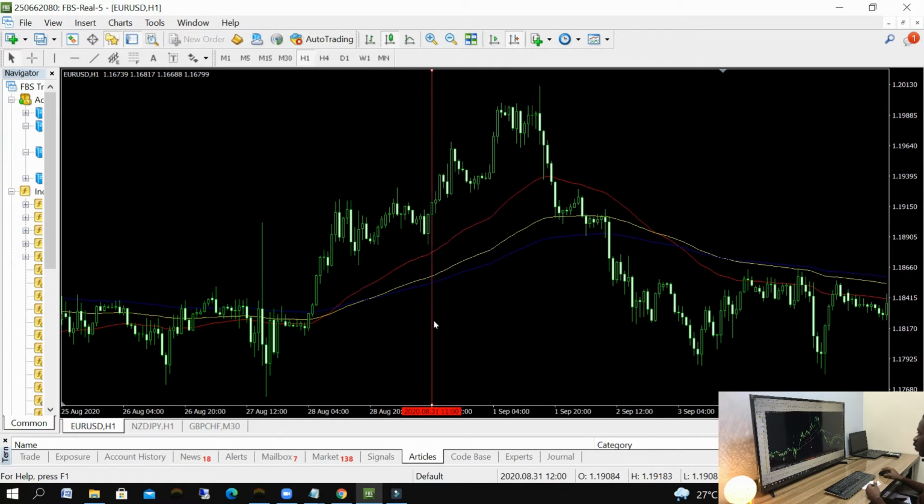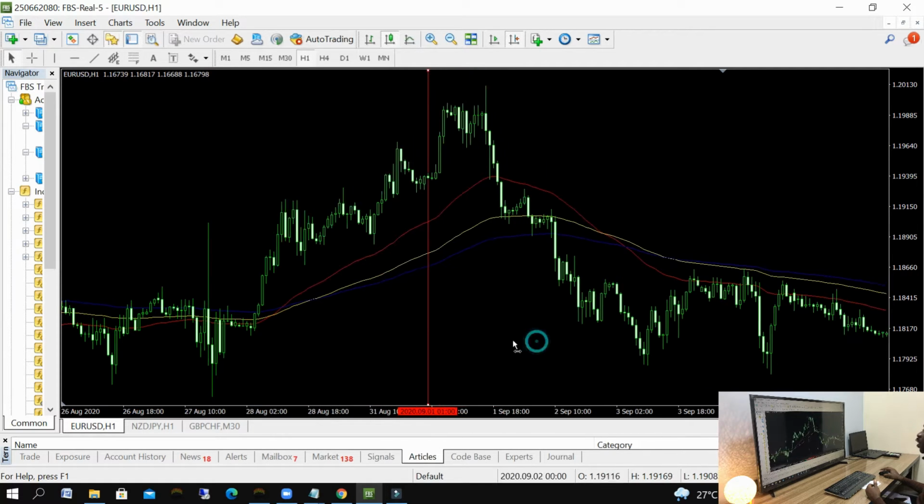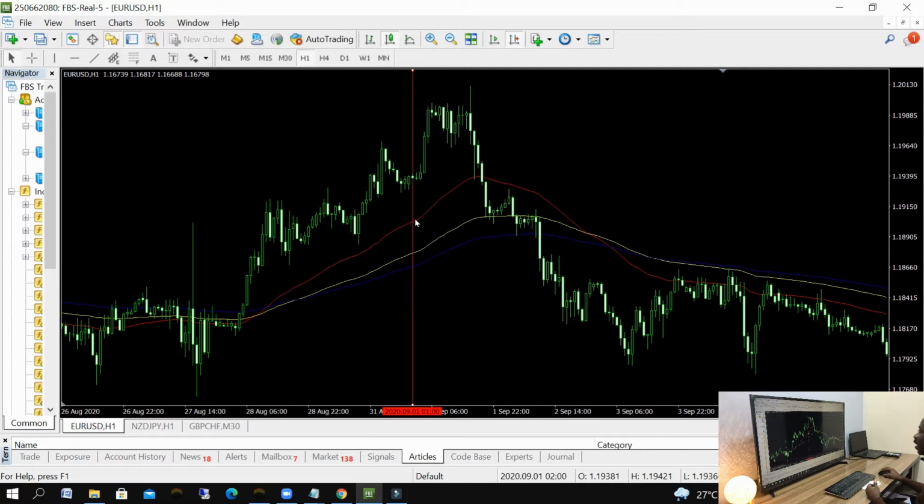So we look for something here. Now the second condition is met here. You can see the 50 is above 100, the 100 is above 150. The distance between the 50 and the 100 is wide, and the distance between 100 and 150 is kind of wide.